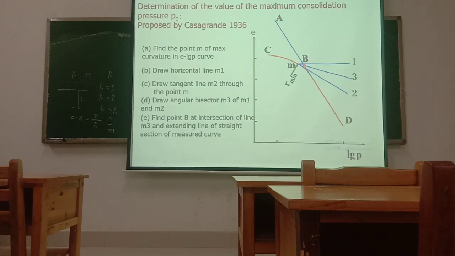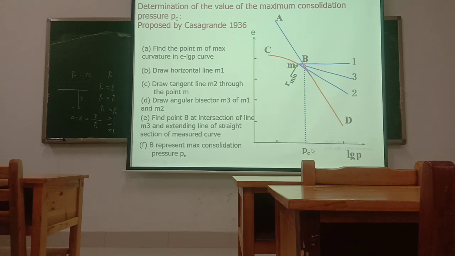We extend the straight section here, and have an intersection point B. Maybe B represents the maximum consolidation pressure. Okay. Here B represents the maximum consolidation pressure, Pc.